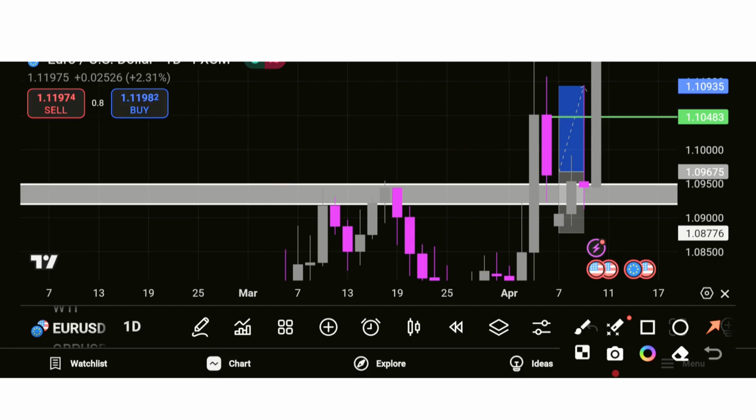So price broke above the daily resistance zone, and I was like, okay, this is a good indication that price is very bullish at the moment, and that there's a good chance that price might continue pushing to the upside, seeing that we broke this resistance zone with such momentum.